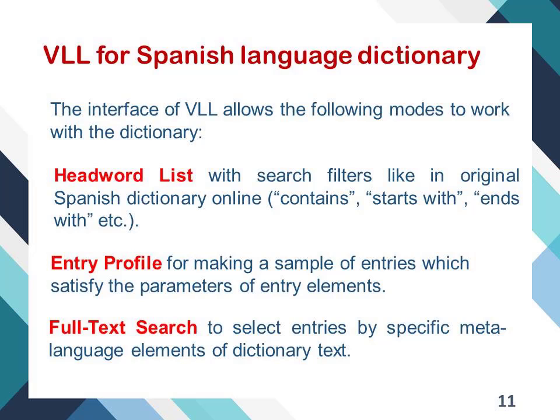Headword list with search filters like the original Spanish dictionary online, entry profile for making a sample of entries according to the parameters of entry elements, and full text search to select entries by specific metalanguage elements of the dictionary text. Next frames show examples of using the Virtual Lexicographic Laboratory.